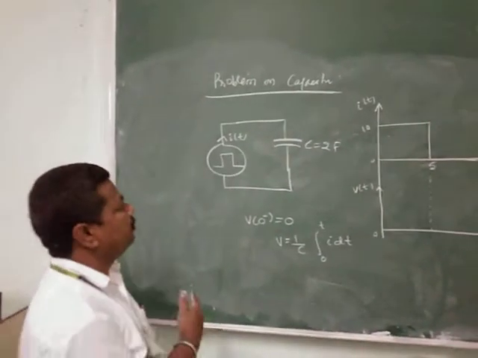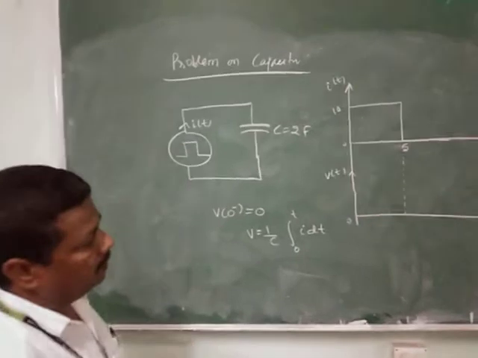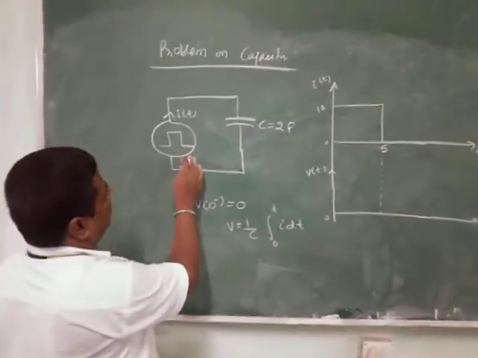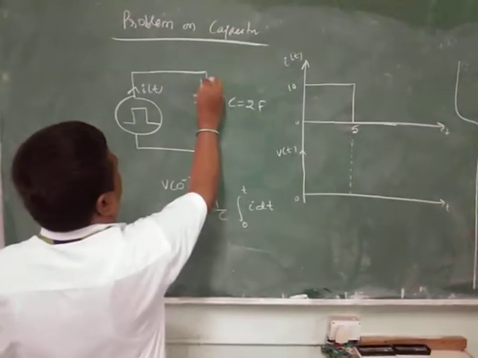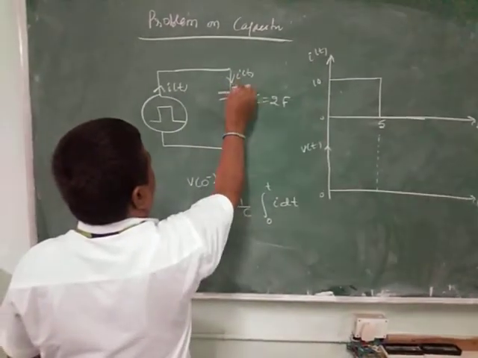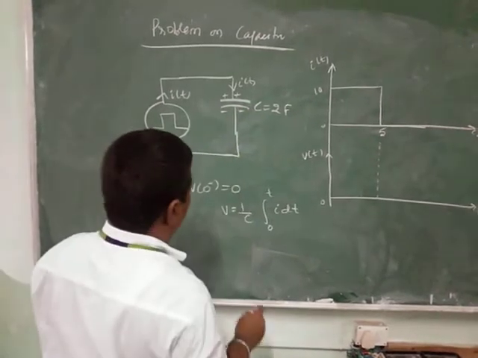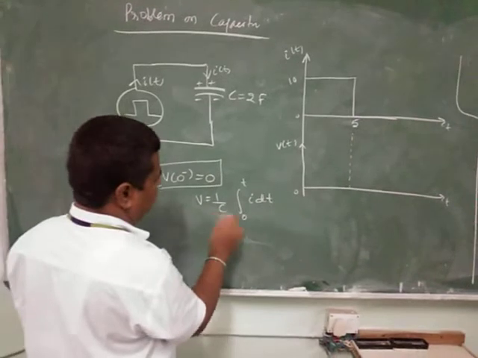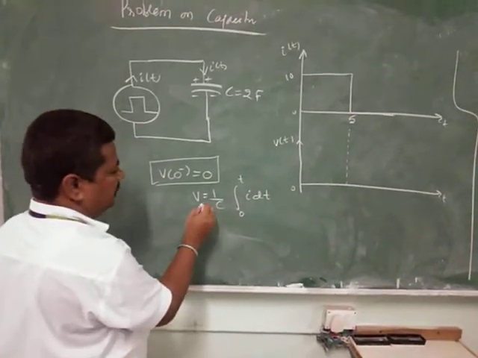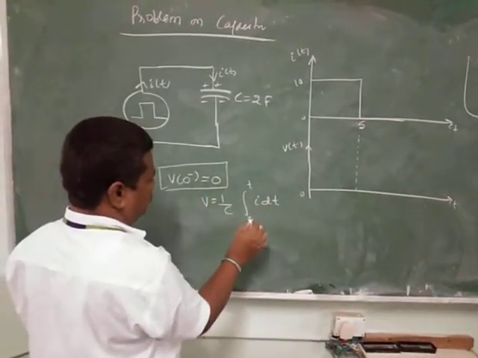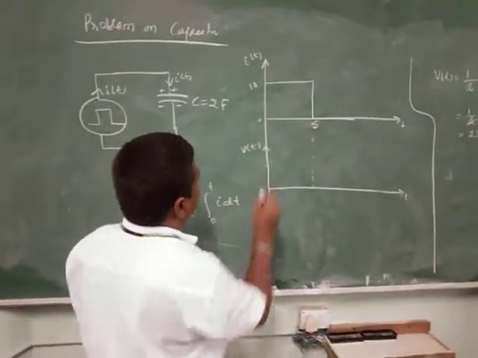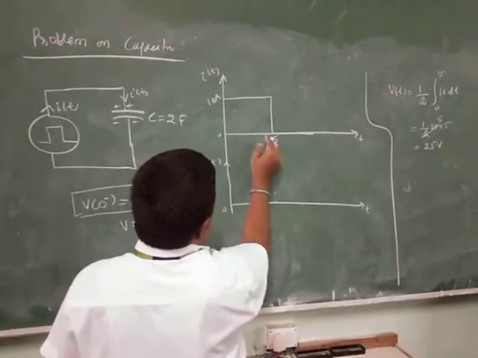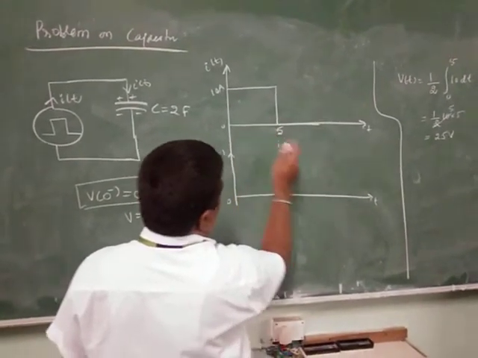Now consider a simple problem on capacitor. We already studied the basics in the first unit also. Here a current signal is applied to the capacitor. Consider the initial voltage across the capacitor is 0. This is the basic relation between voltage and current. Now consider the current signal is 10 amperes, applied between 0 to 5 seconds.